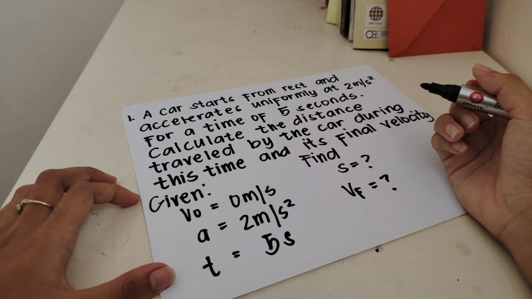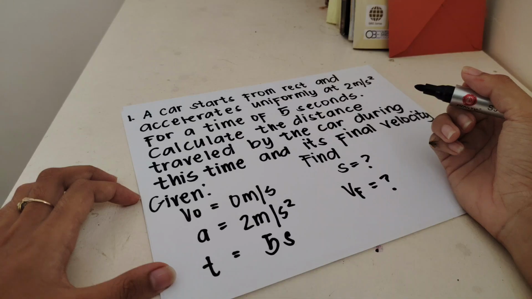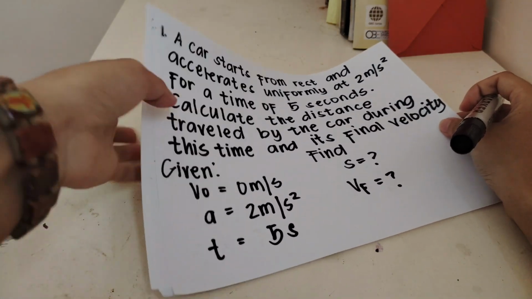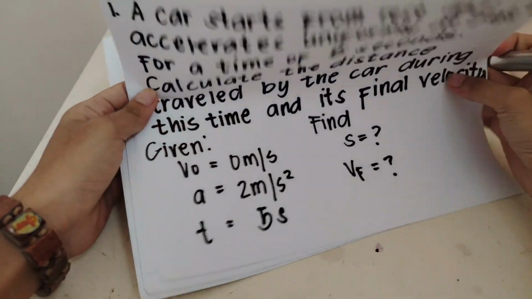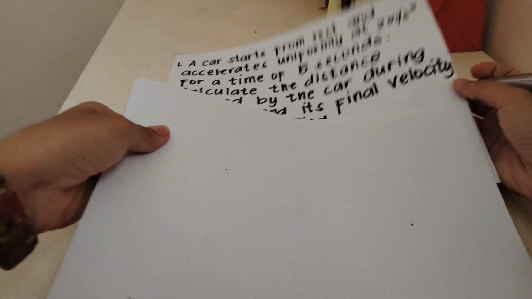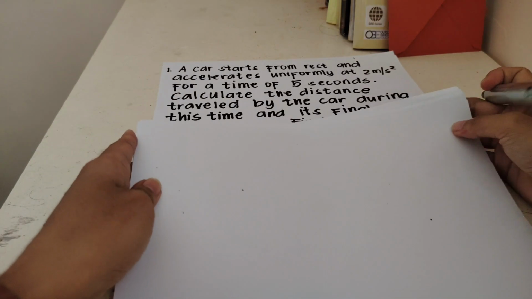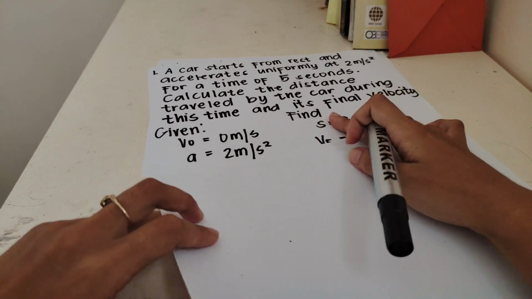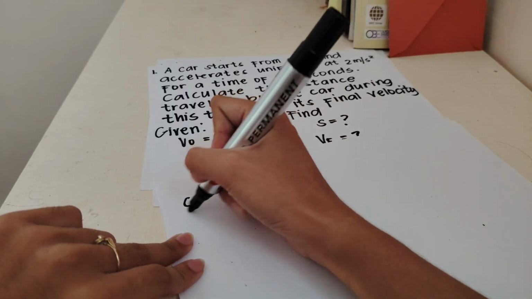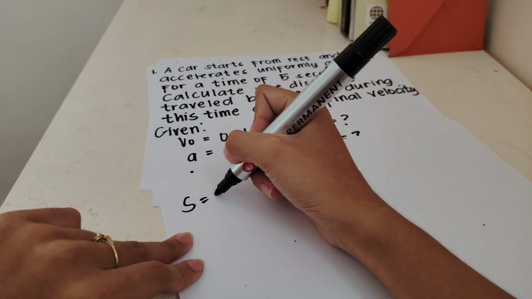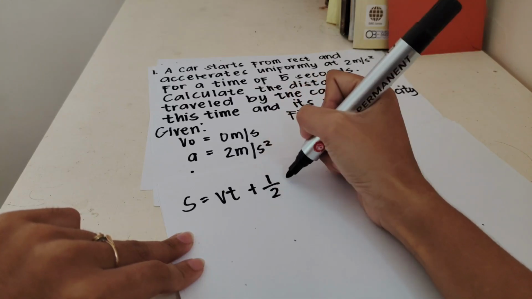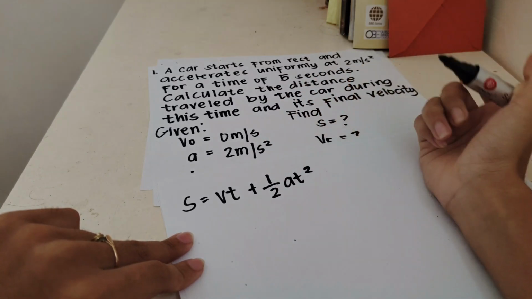In finding the distance traveled, the formula for the distance traveled under uniform acceleration is the kinematic equation S is equal to initial velocity times time plus 1/2 at squared.